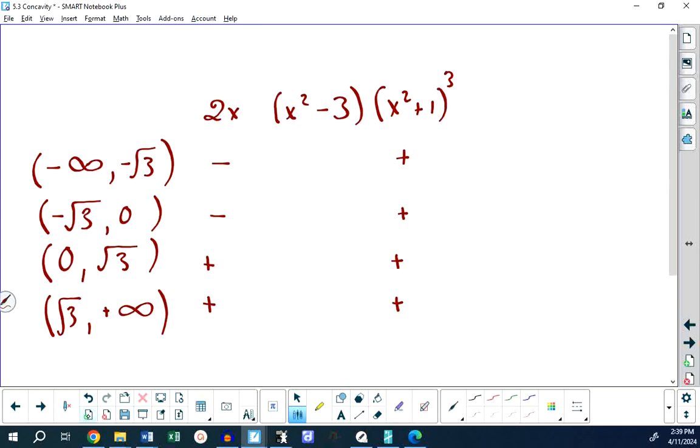This is going to require more thought. There is a way to reason out what the pattern is going to be, and it's for you to imagine that this is a function. I'm hesitant in putting y, so I won't. h of x. If this is h of x equals x squared minus 3, it's a parabola that opens up.